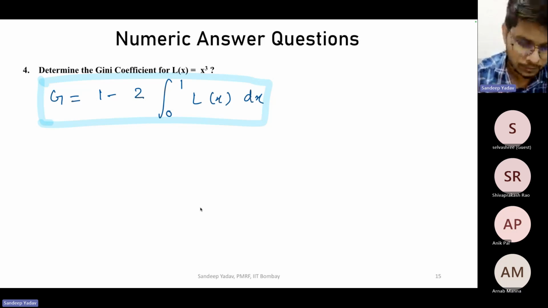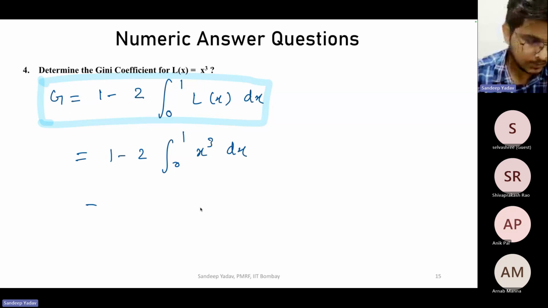Now we have to calculate for x to the power 3. It's a mathematical representation of that. So if you see, 1 minus 2 integral from 0 to 1 of x to the power 3 dx.